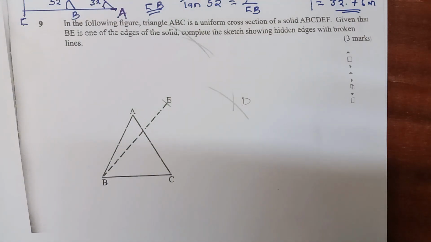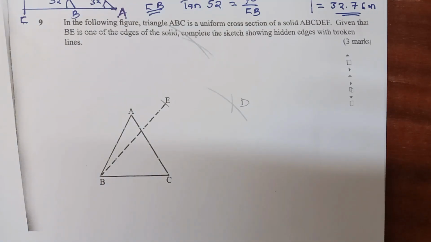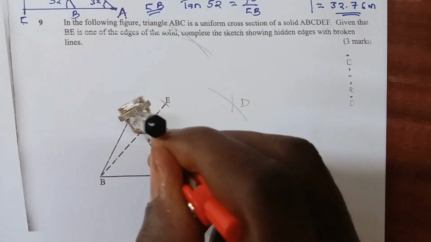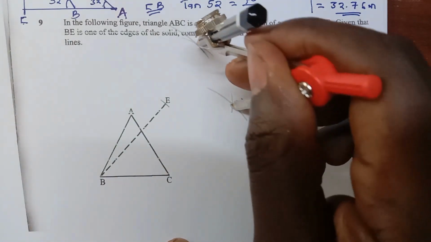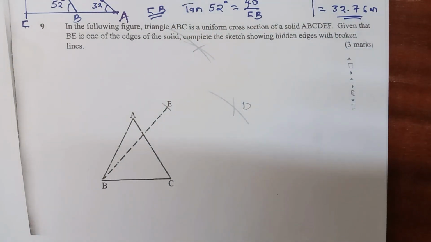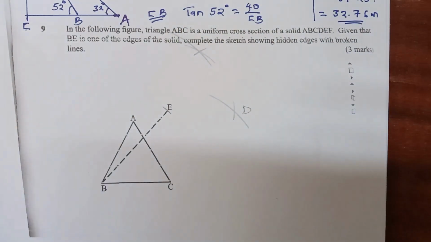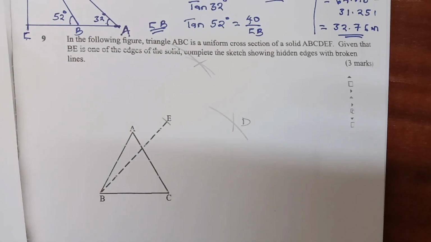It is the same measurement from A to C. You can see they are still meeting at the same place, even if you use point E or point D.